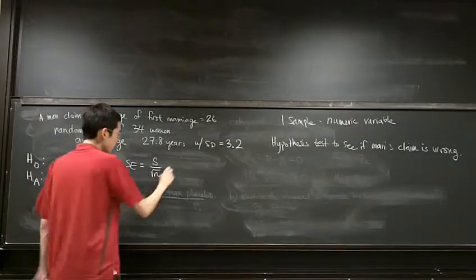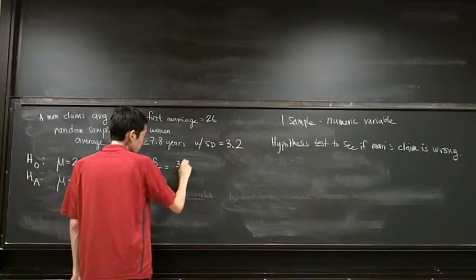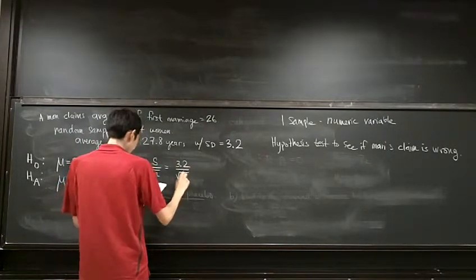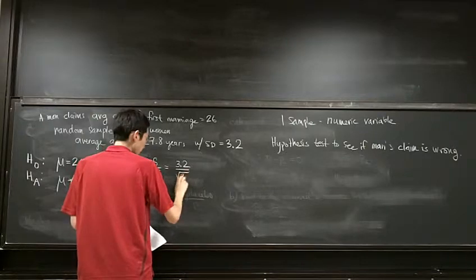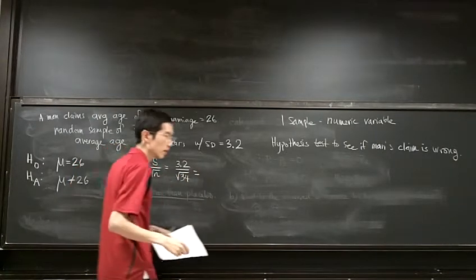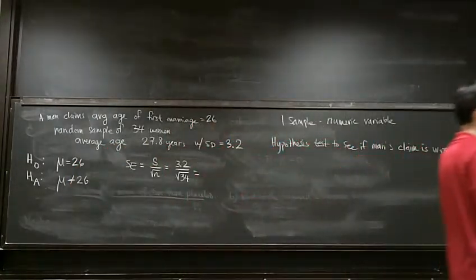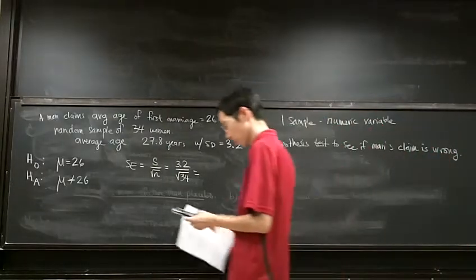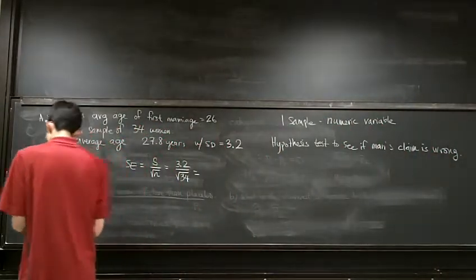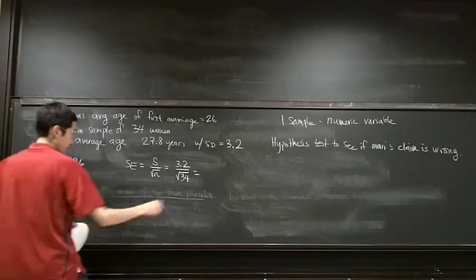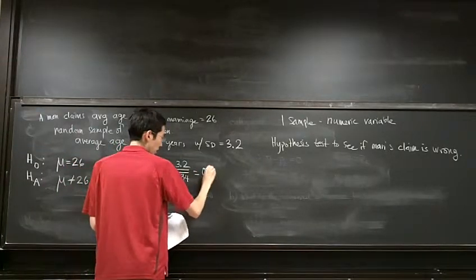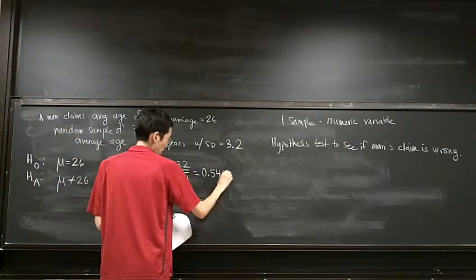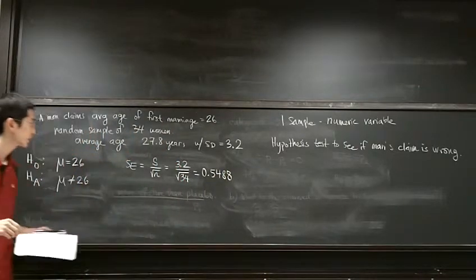So in this case, 3.2 divided by the square root of 34, which is 0.5488.